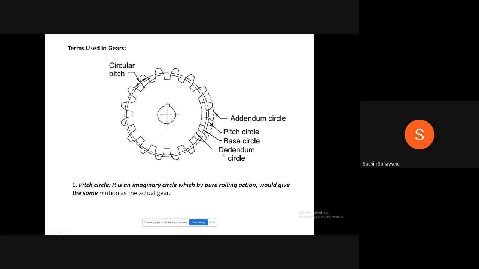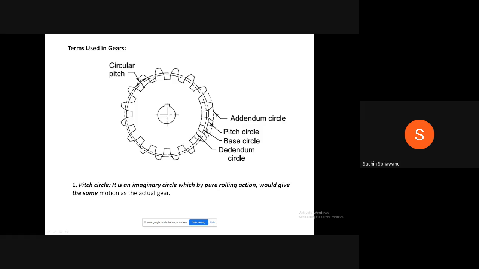Next is dedendum circle. The circle which is passing from the bottom of the teeth, see that this is the bottom of the teeth, is known as dedendum circle and it is concentric with pitch circle. Now another circle is there, that is nothing but base circle.